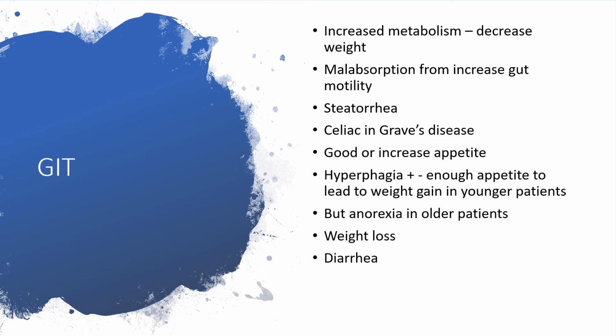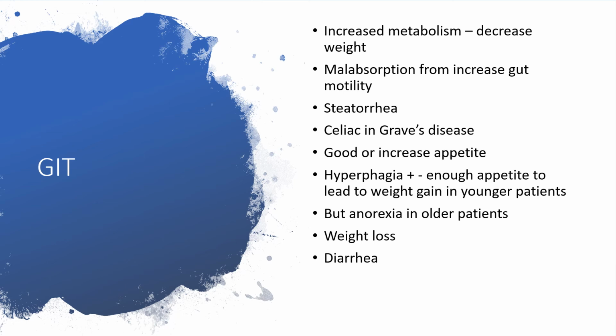But there are two sets of people here. Hyperphagia, with or without enough appetite, will lead to weight gain in younger patients. Then you ask me, what will happen to older patients? That won't happen in older patients because in addition to all these things I've been saying, they can have anorexia.